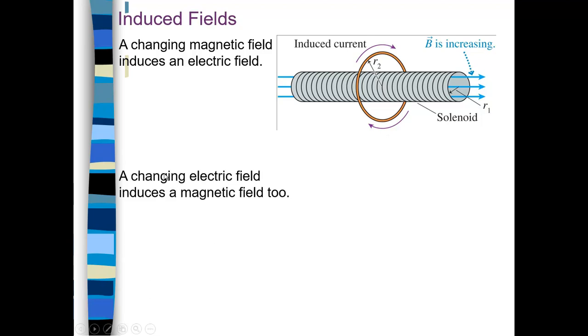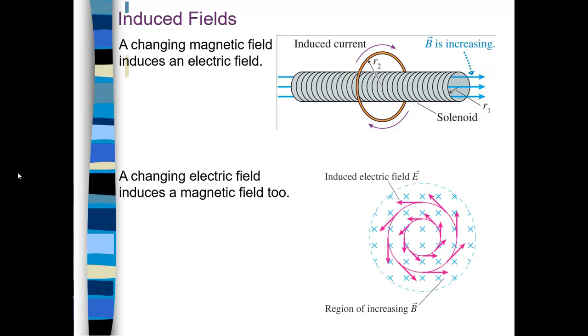A changing electric field will also induce a magnetic field. So if I have a region of increasing magnetic field, then that will create an electric field even if there isn't a wire for current to flow through.